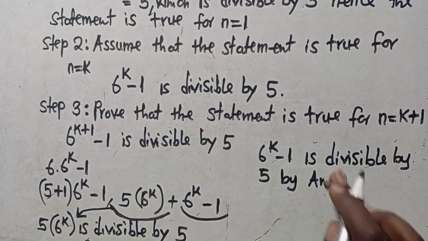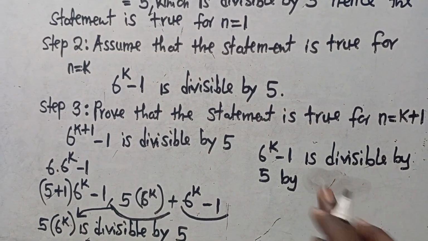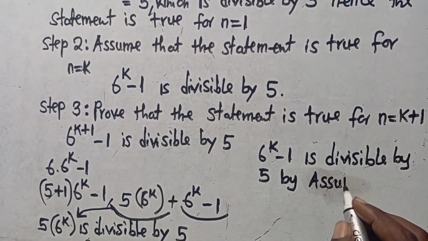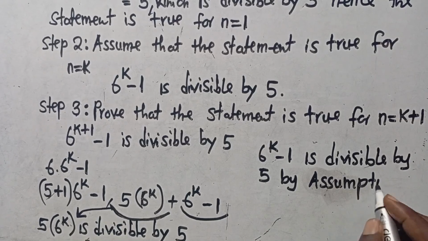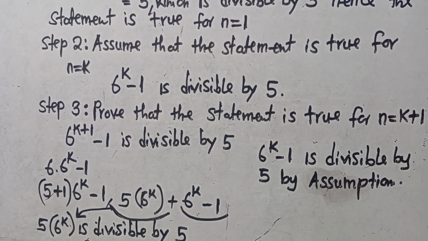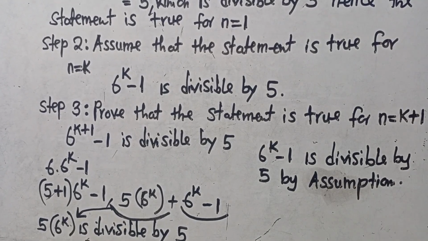By what? By assumption. So I'm just assuming. It's the assumption that I did on step number 2. So by assumption, this one is divisible by 5.